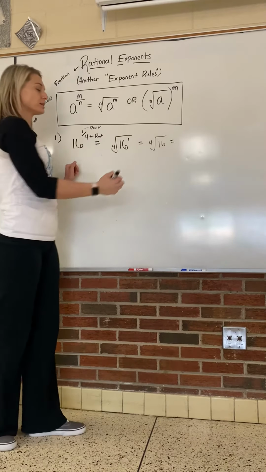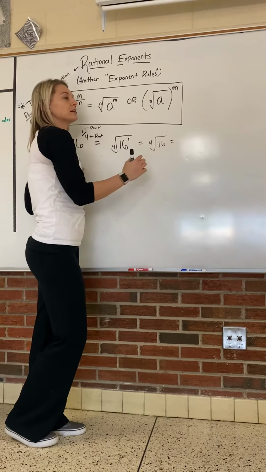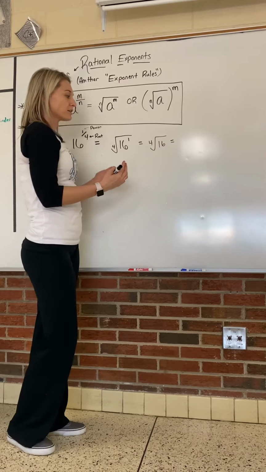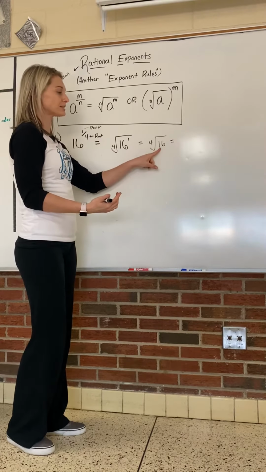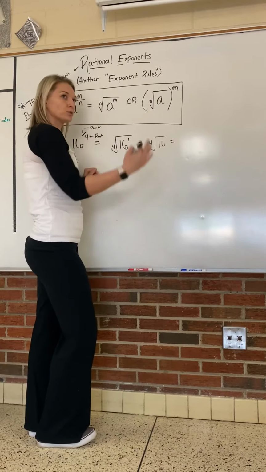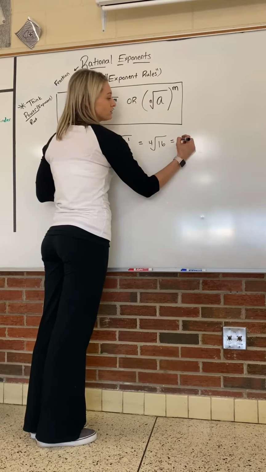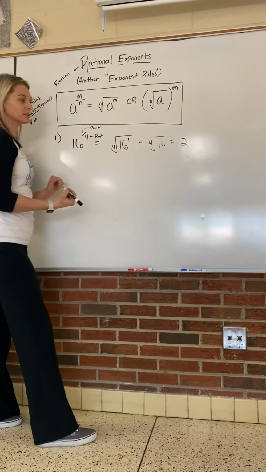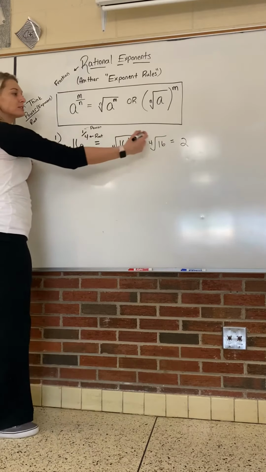But if not, you can think through and say to yourself, okay, 4th root means that you're trying to find what number times itself 4 times will give you 16. Well, 2 times 2 times 2 times 2 gives you 16. So the 4th root of 16 would be 2. So that's how you simplify.